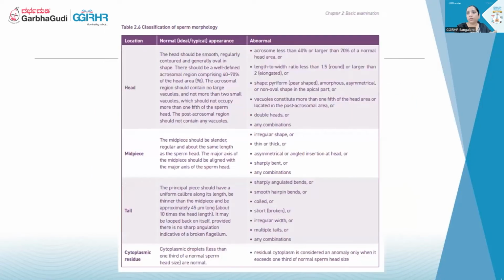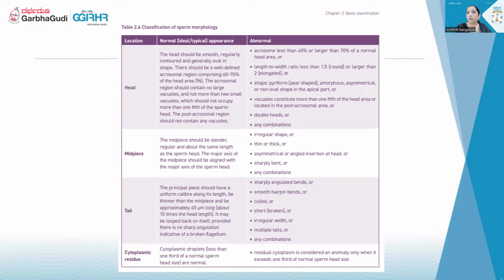By the guidelines from WHO, this is how the classification of sperm morphology looks. So how should the head be? The head should be smooth, regularly contoured and oval in shape, and there should be a well-defined acrosomal region. You see the acrosomal region from the stains, so you do a morphology staining.